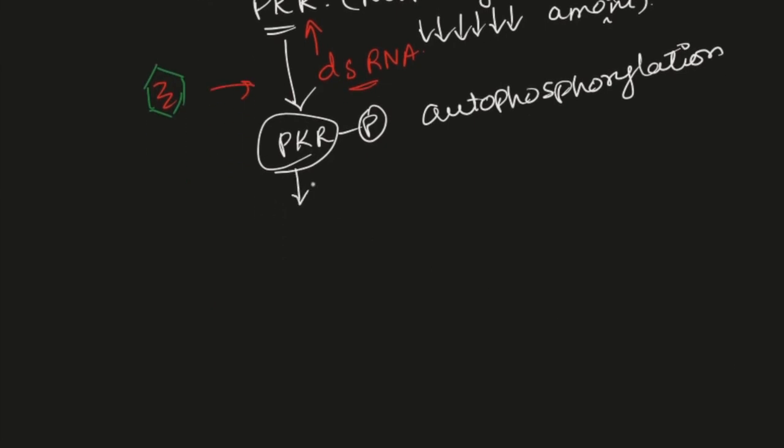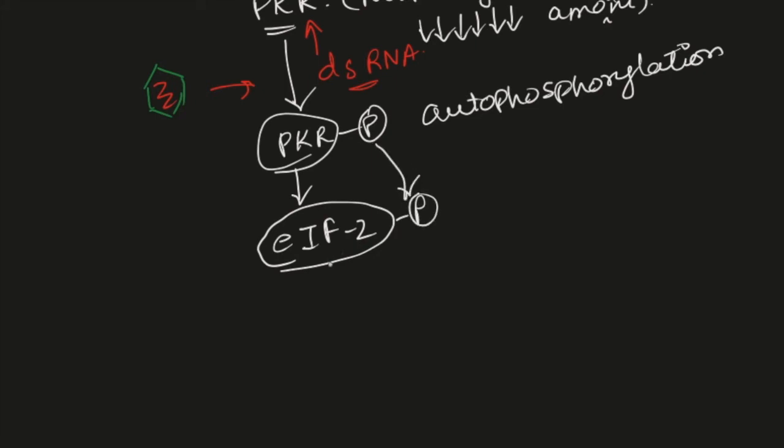After this has occurred, the phosphorylated PKR now targets the eukaryotic initiation factor 2, which is a part of the translational mechanism.